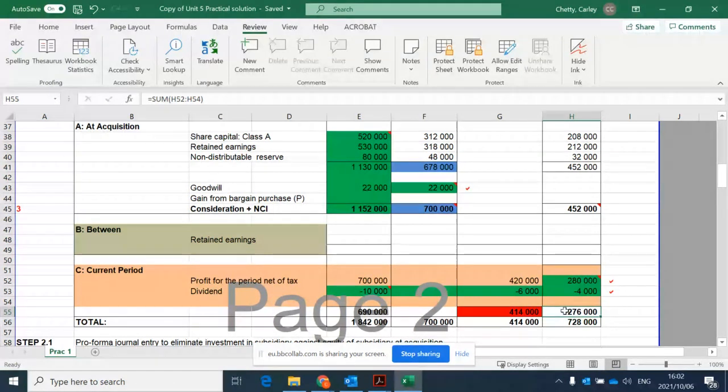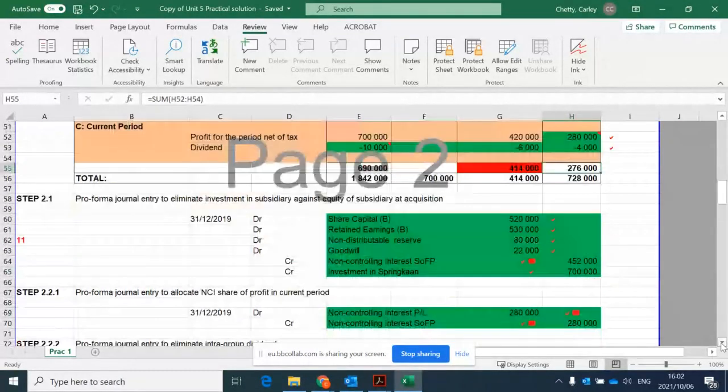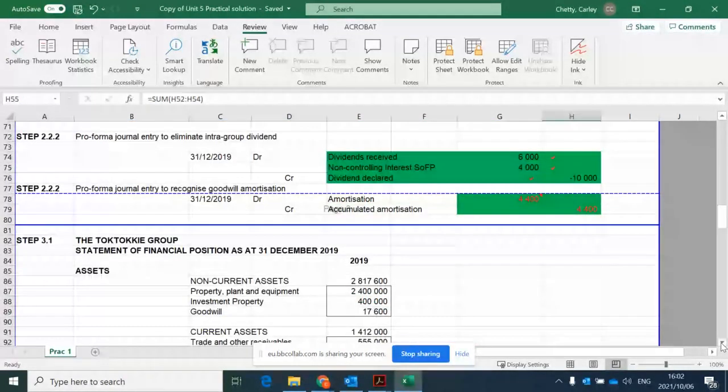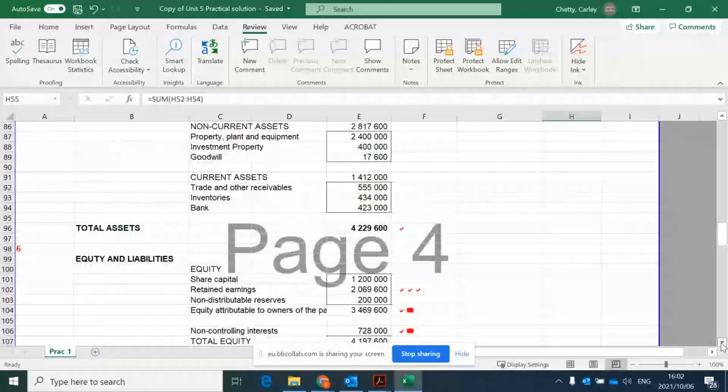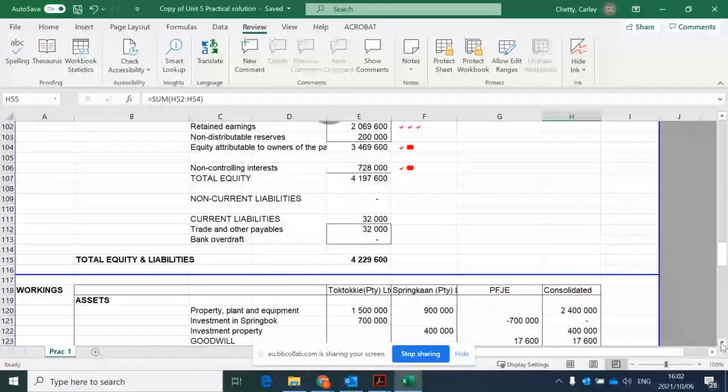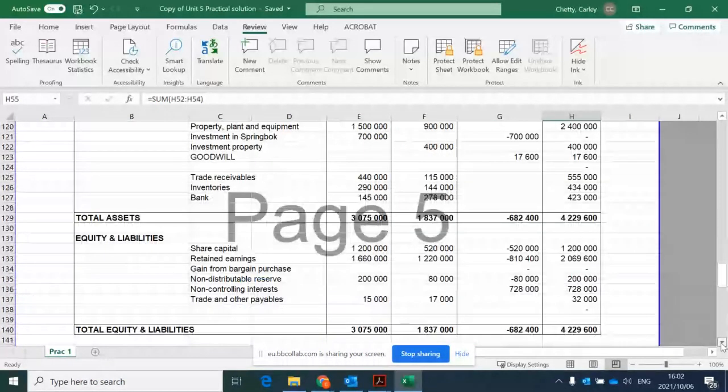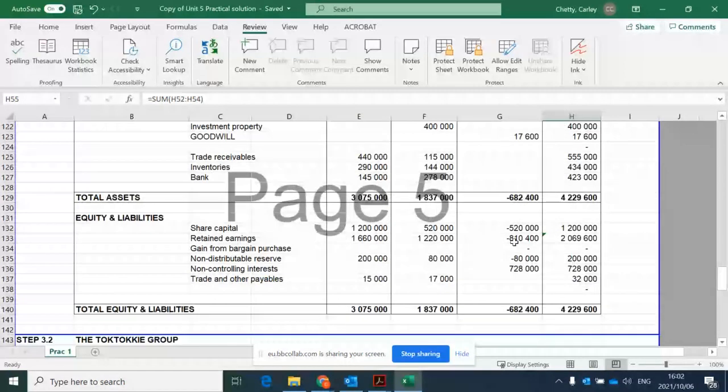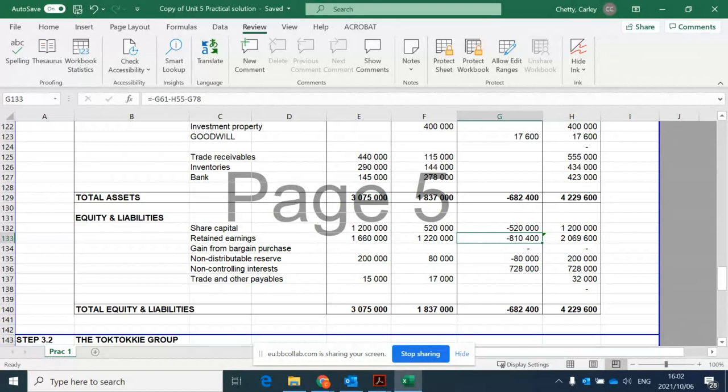So why are we adding the accumulated amortization and not subtracting it? Okay, so we're actually adding three numbers that are all negative, if that makes sense. So let's just go down to our workings here. I'm not sure if you can see, but that G61 is the pre-acquisition retained earnings.